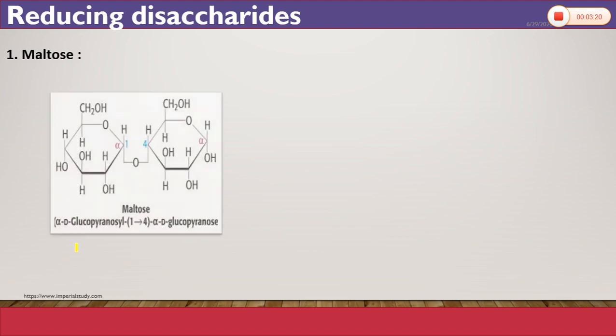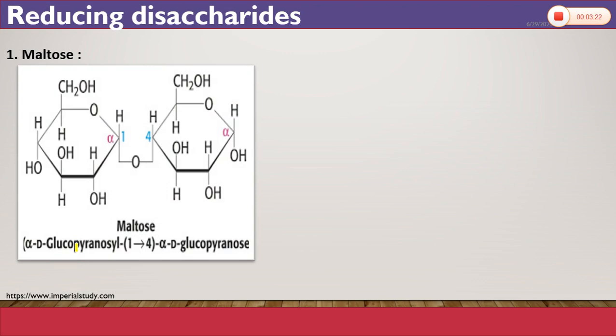The first example of a reducing disaccharide we are discussing is maltose. This is the structure of maltose. Maltose is a disaccharide made up of 2 glucose units. See here, this is one glucose molecule.